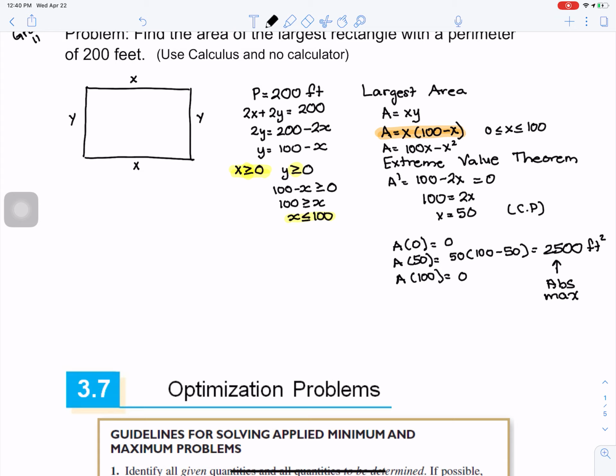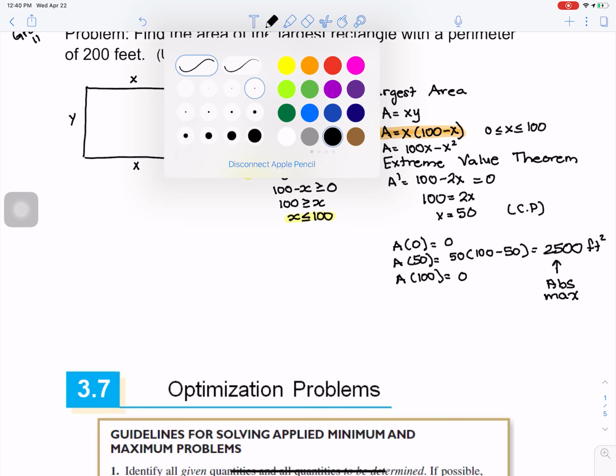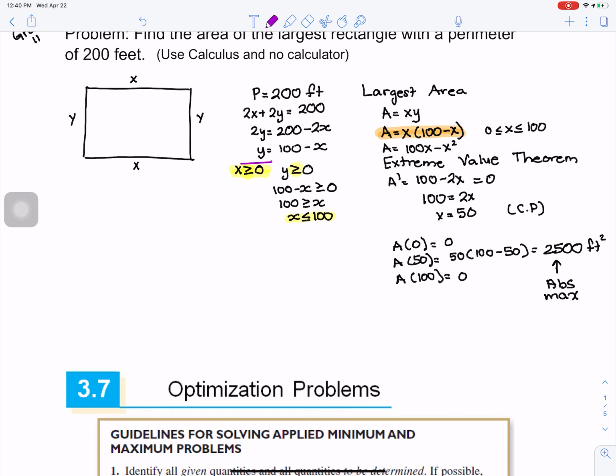Now, in a given question, when you're solving these optimization problems, the big goal is to try to set up a closed interval where possible on conditions, because in that case, you just need to use the extreme value theorem to guarantee that you're going to have an absolute max and min.